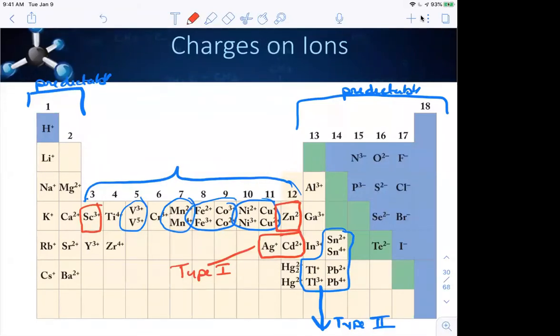There are no multiple charges there, so I don't have to use the same type of naming system as I do with type 2 compounds. This is a little confusing. What this whole section takes is practice, which you're going to get a lot of as we go through this module.